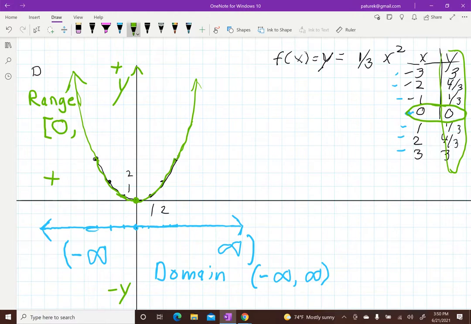So the upper limit for y is infinity. And we would represent the range in this example as being open square bracket 0, comma, infinity, close parentheses. All right, I hope that helps you with the homework.